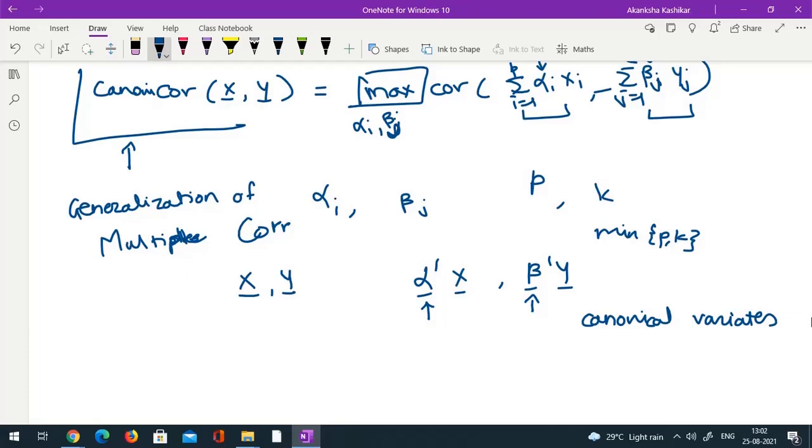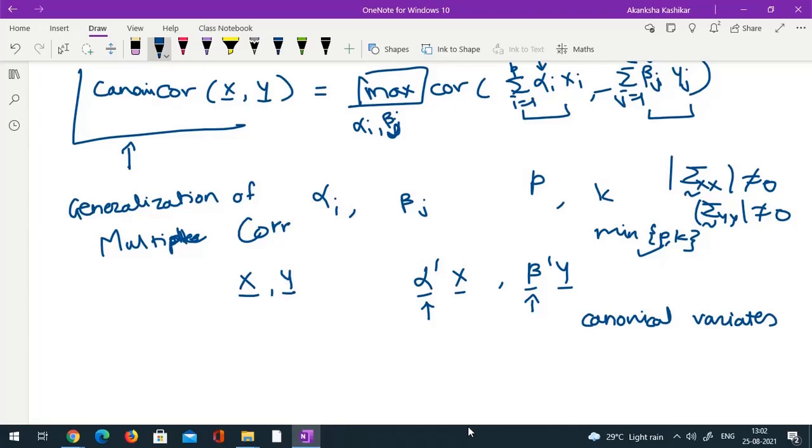We'll call them the first canonical correlation coefficient, the second canonical correlation coefficient, and so on. But here you have to remember I am assuming that sigma xx and sigma yy are both non-singular. Only then can I have this many; otherwise it will depend on their ranks. If they are non-singular, then the number of canonical correlations between vector x and vector y would be the minimum of p and k.